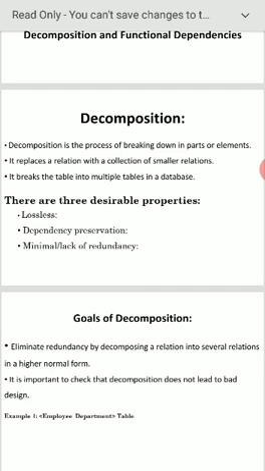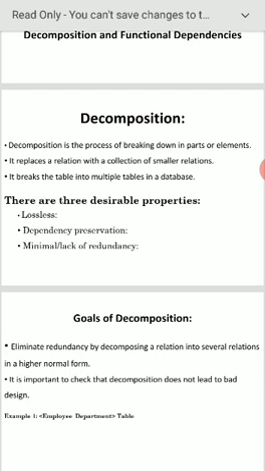Next, you will pass on to the properties. There are 3 desirable properties in decomposition. If you want to do the decomposition, you have to concentrate on properties. First one, lossless. Decomposition must be lossless. Means what?